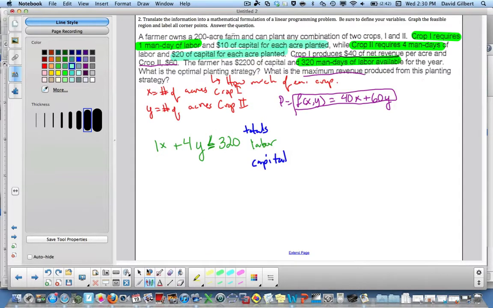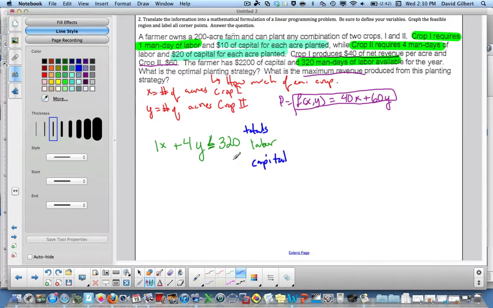So $10 times every acre of crop 1 plus 20 times the number of acres of crop 2 has to be less than or equal to $220. We can simplify this. I'm going to do that right now actually. I can divide this whole thing by 10. So that's going to give me x plus 2y is less than or equal to 220.